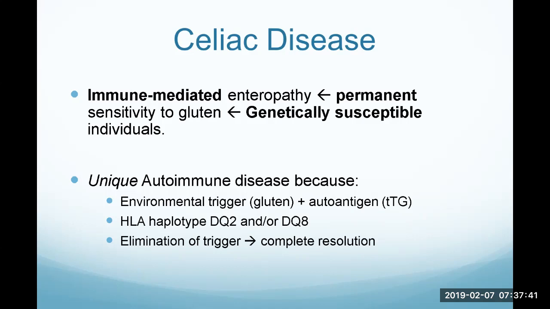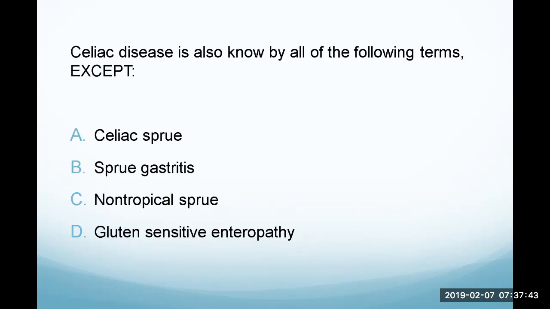So before we go into details, let's see what celiac disease is commonly known by. So celiac disease is also known by all of the following terms except... any guesses?